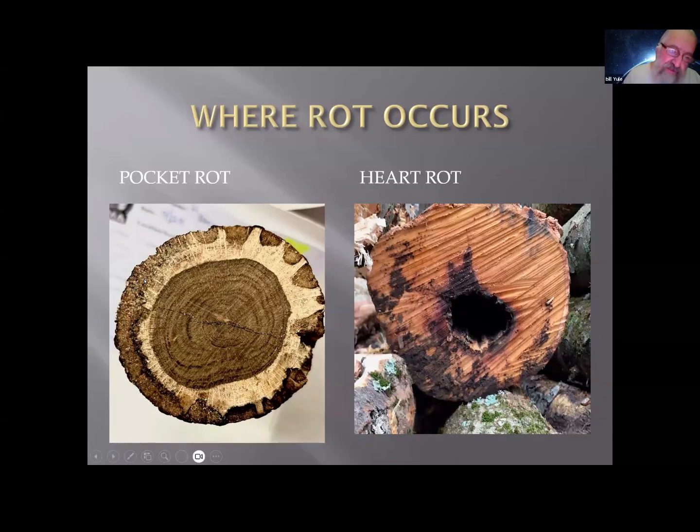And so what it's doing is it's producing chemicals, extractive phenolic chemicals, and here it's starting to encapsulate that rot. So this is what we call pocket rot, where the tree is starting to become successful at encapsulating that rot so it doesn't spread throughout the tree. It's a pretty cool thing. And here's an example also of heart rot.